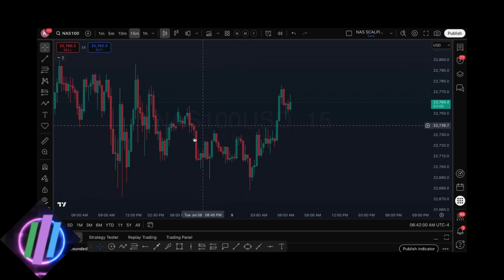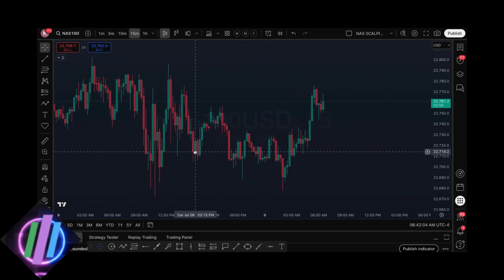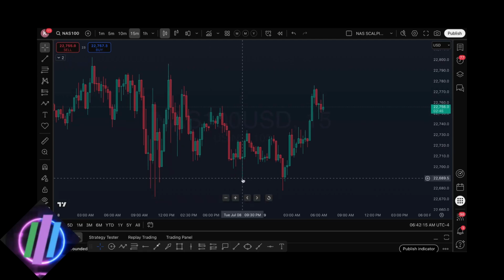If we look back here, it is a range, it is choppy, but price is not always perfect, right? So we need to be able to read even the choppiest, most confusing looking markets. That doesn't necessarily mean you have to trade, but at least understand what could possibly be going on.